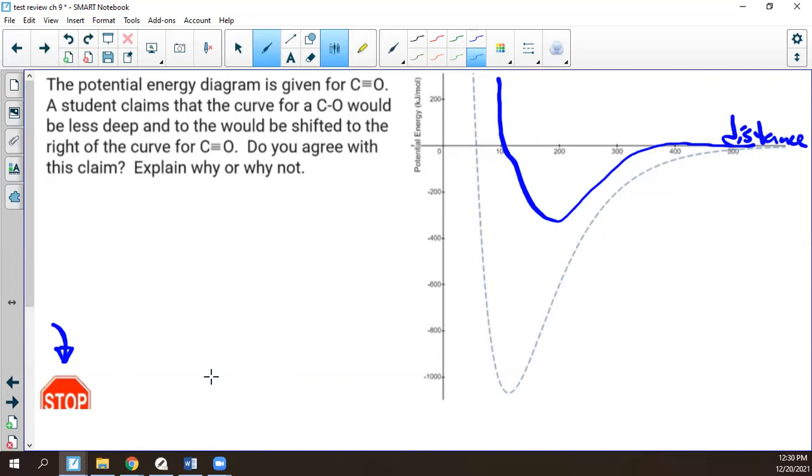If you're sharing three pairs or six electrons, you have a stronger bond, which means it takes more energy to break it if we tried to reverse this process. So you would agree it is less deep because it takes less energy, and it's shifted to the right because there's less attraction. Now they're both related to each other, but those are the two things you would need to explain.